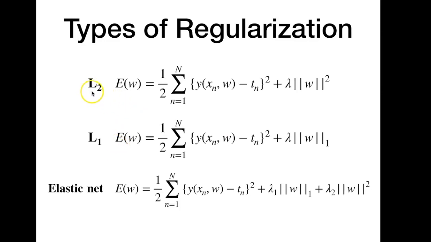L2 penalized regression is popularly known as ridge regression. L1 penalized regression is popularly known as lasso. Lasso means least absolute shrinkage and selection operator. So your L2 is ridge regression and L1 is lasso. And then there is the elastic net model, which combines the L1 penalty and the L2 penalty into a single model.